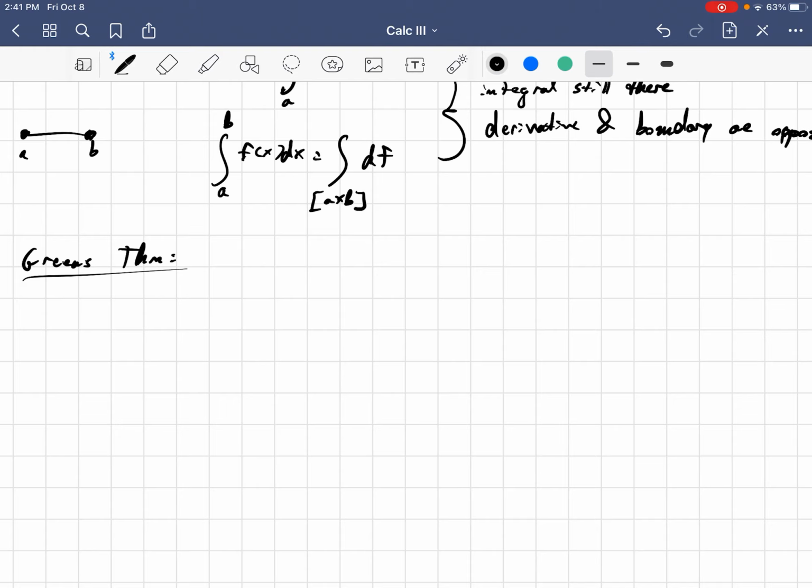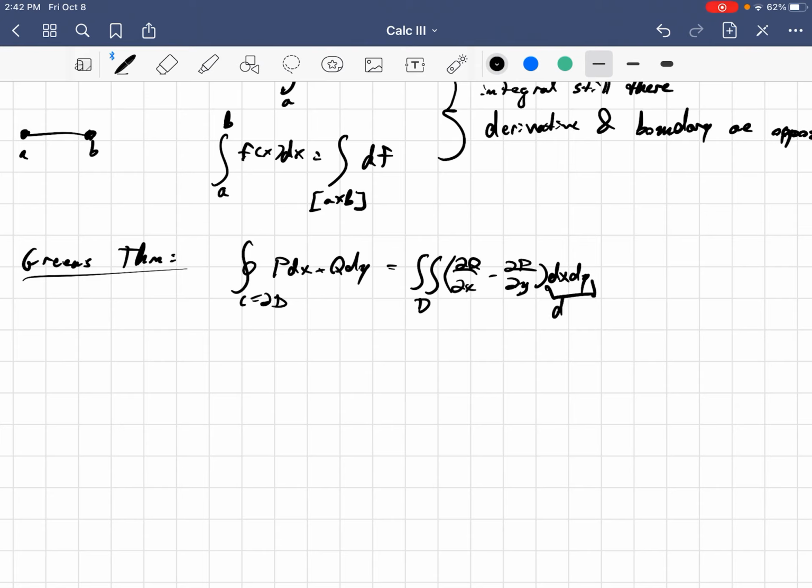Okay, so Green's theorem says, typically the way you'll see it stated, is that the line integral over a curve C of P dx plus Q dy is equal to the double integral. So if C is the boundary of the region D, then we're taking a double integral over that whole region D of the partial of Q with respect to x minus the partial of P with respect to y dx dy.